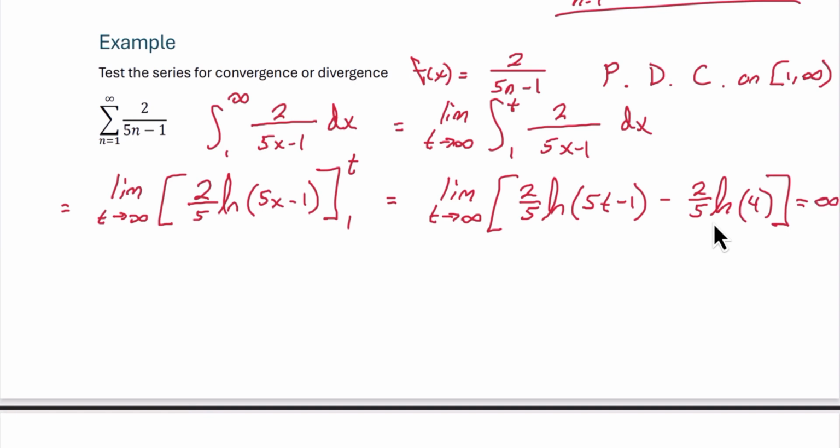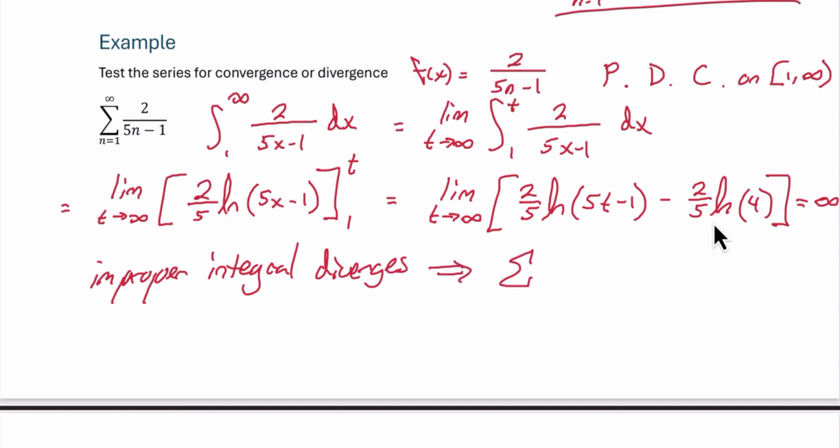Since the improper integral diverges, that tells us the series from n equals 1 to infinity of 2 divided by 5n minus 1 also diverges due to the integral test.